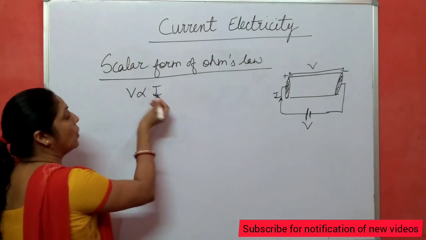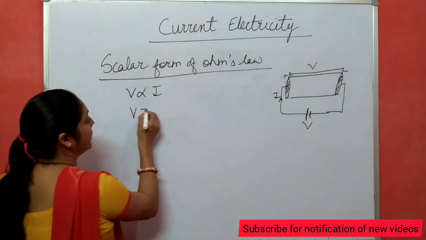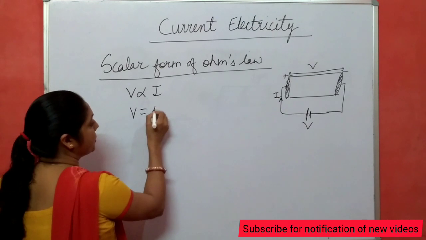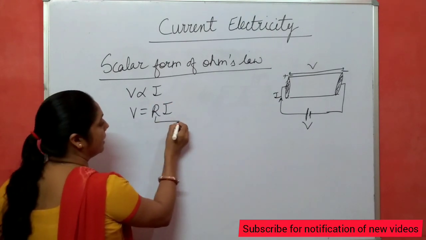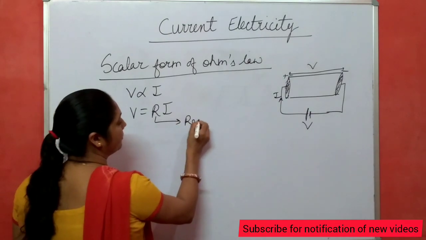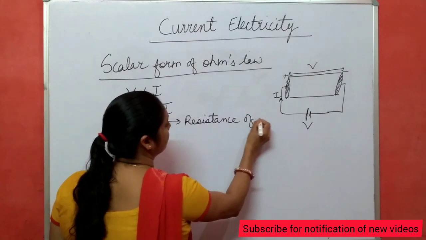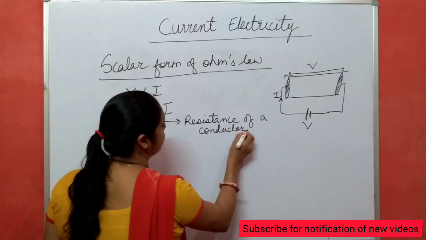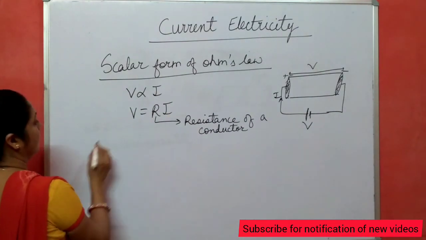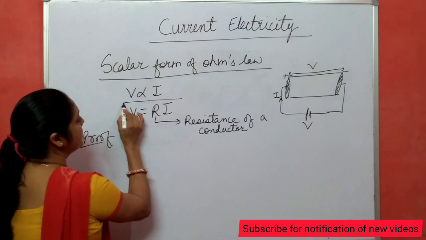Otherwise, V is not proportional to I. And then, removing the proportionality constant, V equals R I. We already discussed this, and this R is a constant called resistance of a conductor, which exists inside the conductor. This is nothing but the scalar form of Ohm's law.